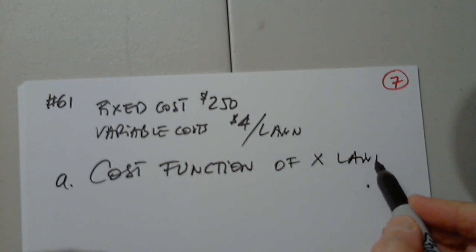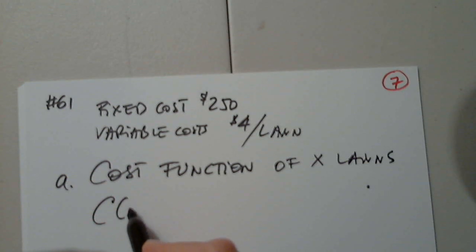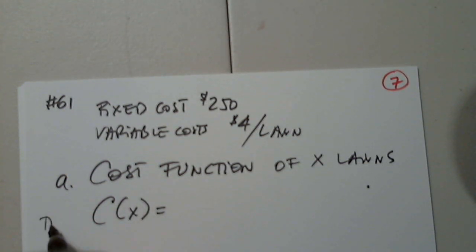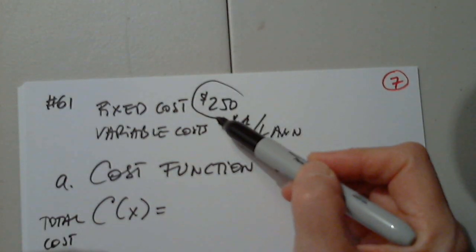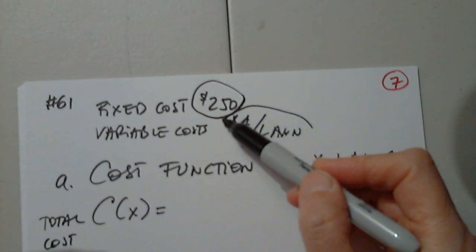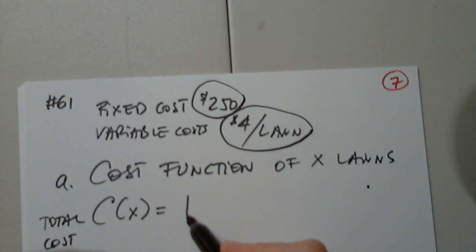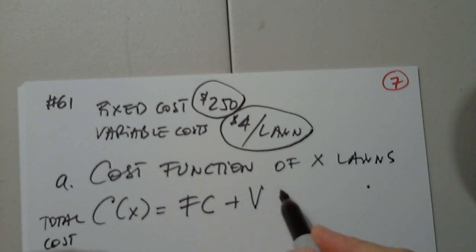So C of x, the total cost, has to consist of fixed plus variable. So fixed cost plus variable cost.